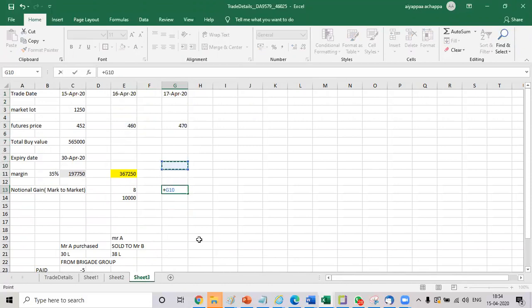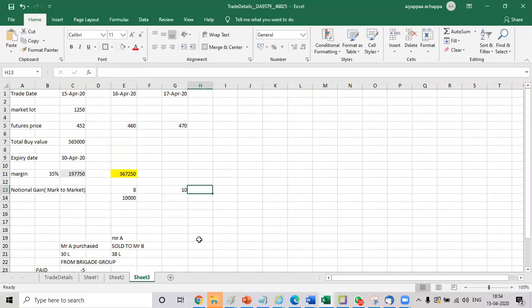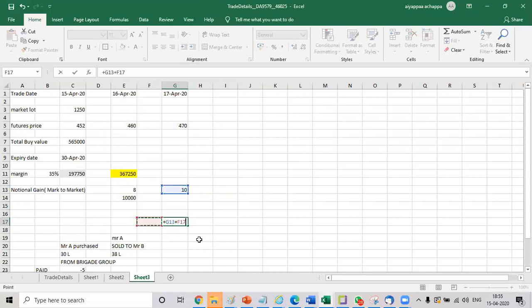So here you have an additional gain of 10 rupees. So your total gain here would be 10 plus 8, 18 rupees. The exchange will pay these 18 rupees to your account, and this we call a mark to market credit, because you're going to get that money in your account.